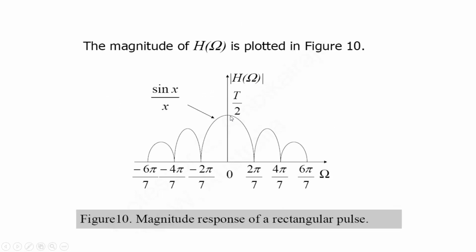Once you take the modulus, everything will be above the x-axis, with zero crossings at 2 pi by T and minus 2 pi by T. Since the magnitude response is an even function, whatever is on the right side of the vertical axis will be exactly the same as on the negative side.